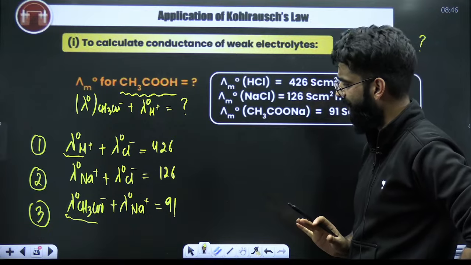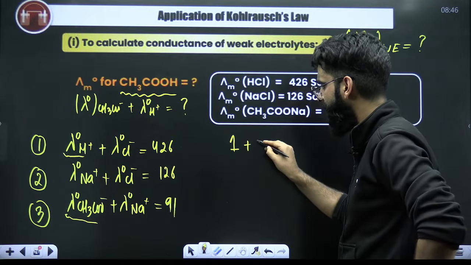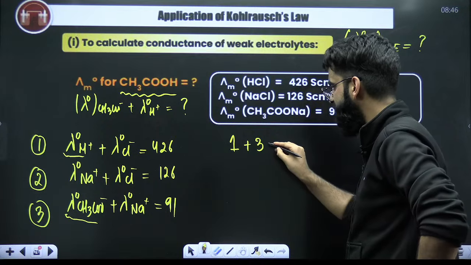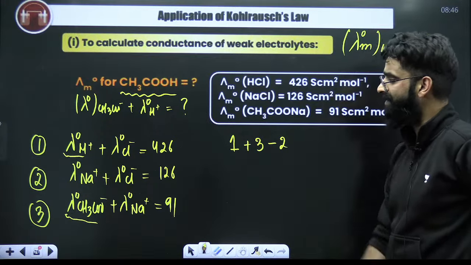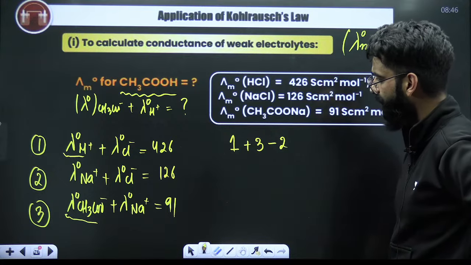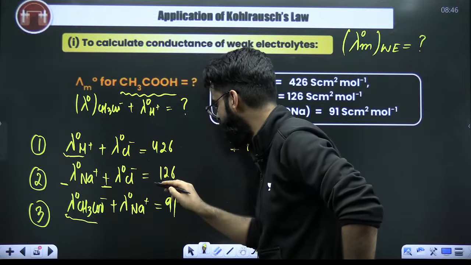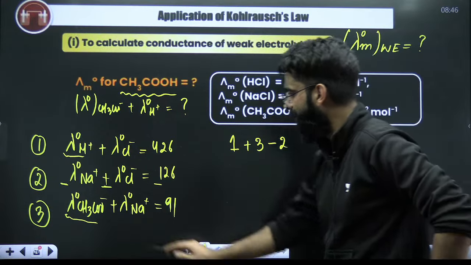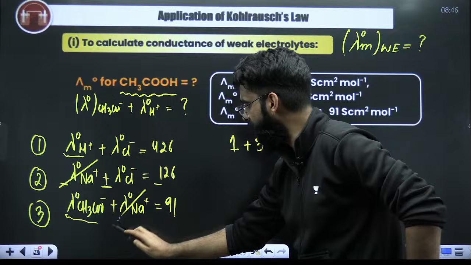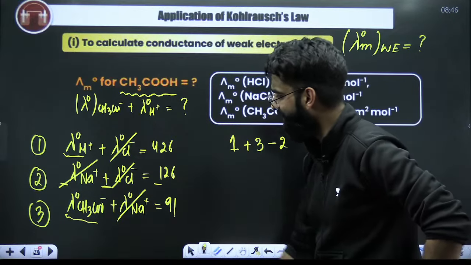So I'll be adding equation 1 with equation 3 and subtracting equation 2. If I subtract 2, this becomes minus, this becomes minus, this becomes minus. This particular term gets cancelled. What do I get at the end?